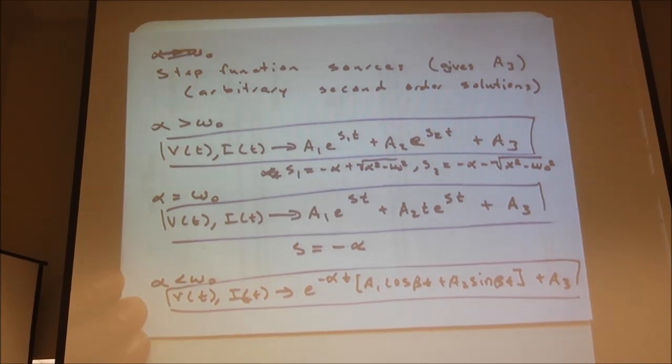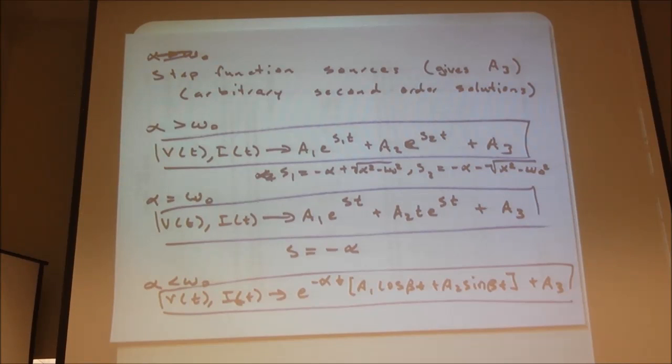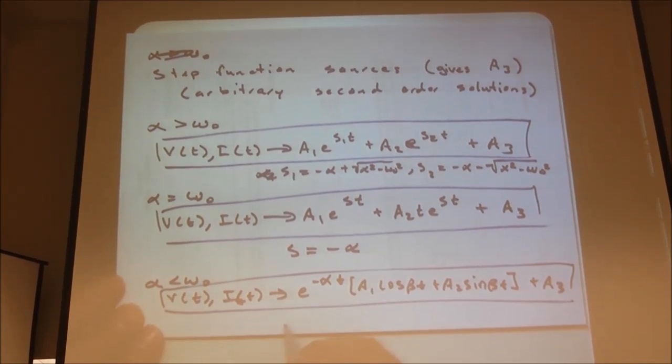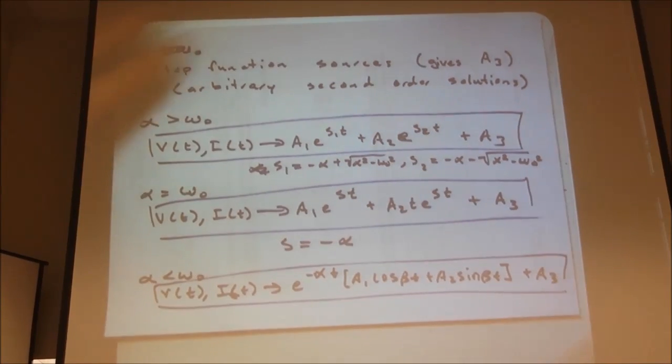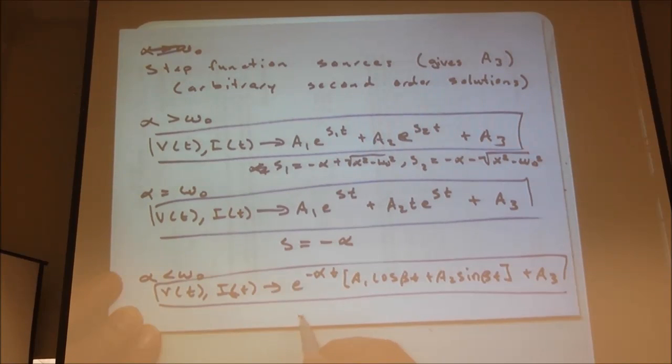So all these solutions, no matter what we're looking at, once we know alpha and omega naught, and you get those from the differential equation, so you do need to know what the differential equation is. And beta, just for completeness, is the square root of omega naught squared minus alpha squared.